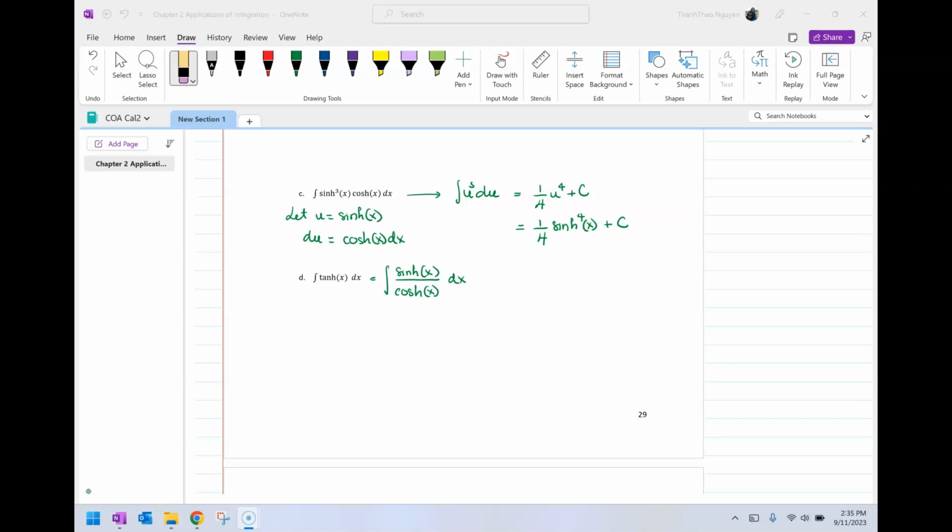Again, I'll use u substitution. Let u equal cosh x, du equals sinh x dx. So then my integral becomes du over u, and this is ln of u plus a constant, and that is ln of cosh of x plus a constant.